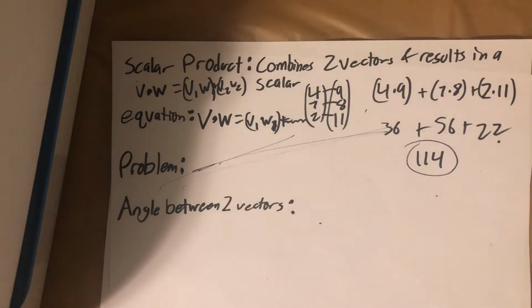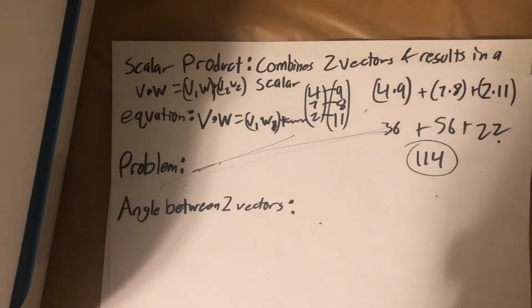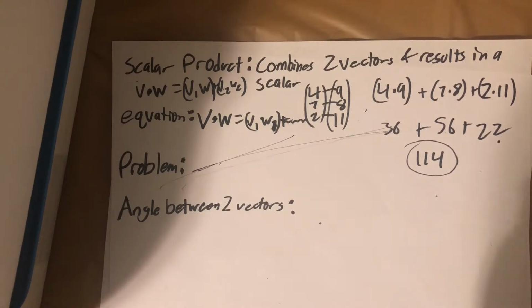Lastly, I'm going to show the formula for the angle between two vectors. This one's a little more self-explanatory because it's just the angle between two vectors.